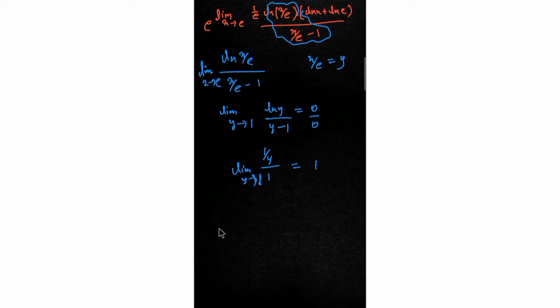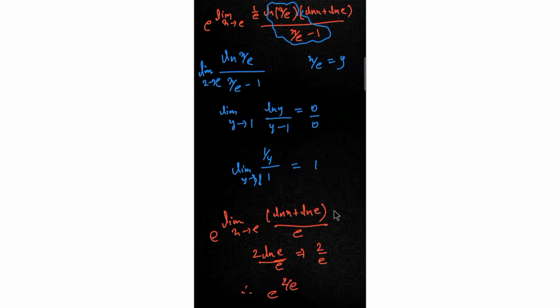And finally you get e power limit x tends to e of (ln x + ln e), divided by, that 1 by e that we have here. So you just put e and you get 2 ln e divided by e, which is basically 2 by e. Therefore the final answer is e power 2 by e. All right, so this is the final answer.